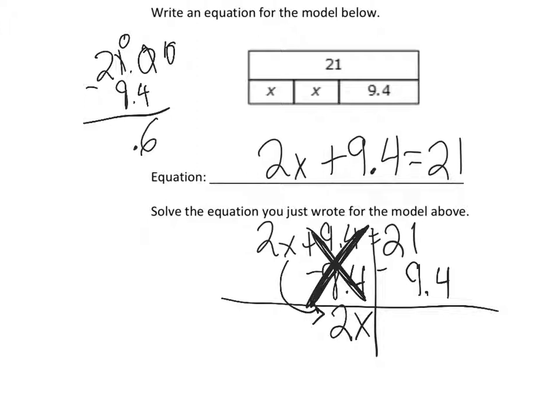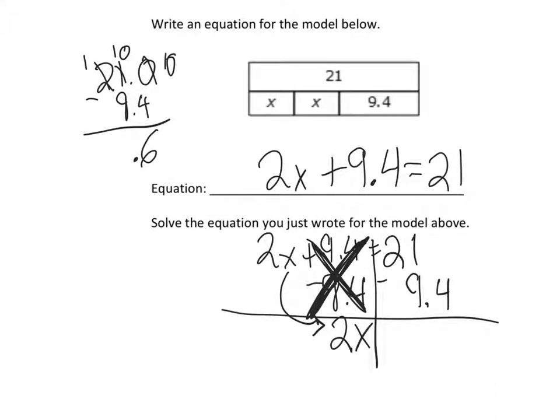Bring our decimal straight down. 0 minus 9 we cannot do, so we need to borrow. This becomes 10, and the 2 becomes 1. So from there we do 10 minus 9 to get 1. And then 1 minus nothing is 1. So we get 11.6. So we can bring our 11.6 back down to the equation.